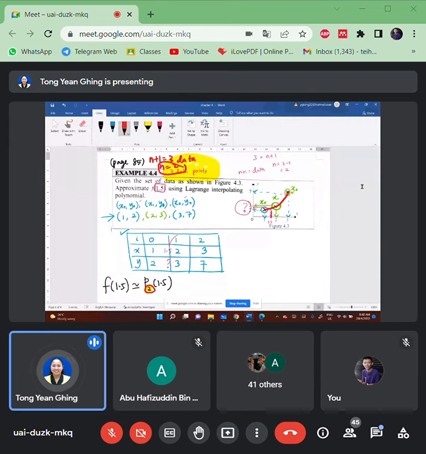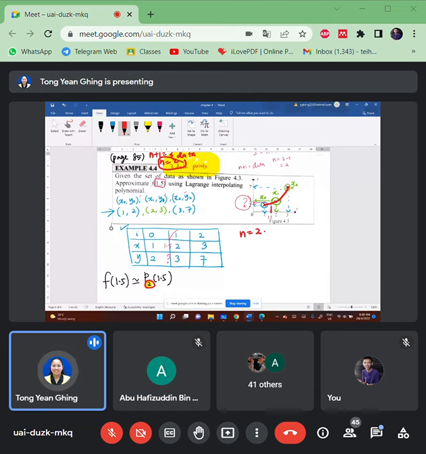Okay. So now, since our N is 2, we need the weighting function. You remember the weighting function? Yesterday I said.